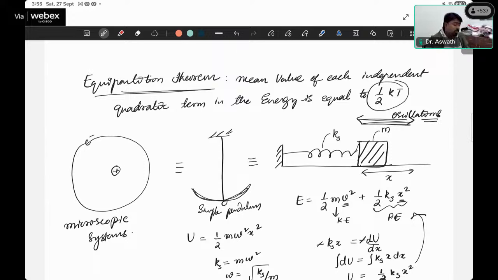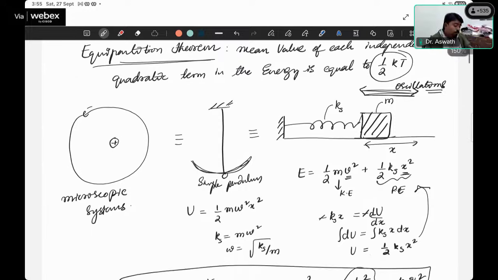For that we will borrow some information from the equipartition theorem. What the theorem says is, if there is any contribution coming as a quadratic term in the overall energy, that contribution is simply equal to half kT, and it is saying don't bother calculating what is that exact energy. On an average, it will be simply equal to half kT. That is what it is saying.